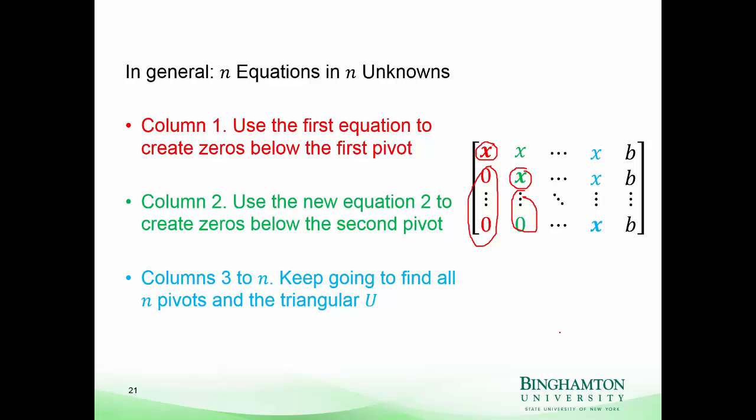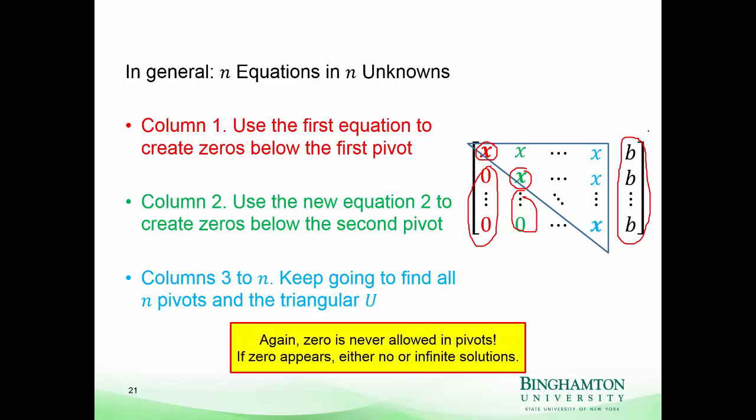And so that's kind of how we do this progressively from the left to the right, canceling all the stuff below whatever's on the diagonal. And when we're all done, we have a matrix that will be upper triangular, and we'll call that matrix U. And we'll have a new set of B values over here from what we started off with.